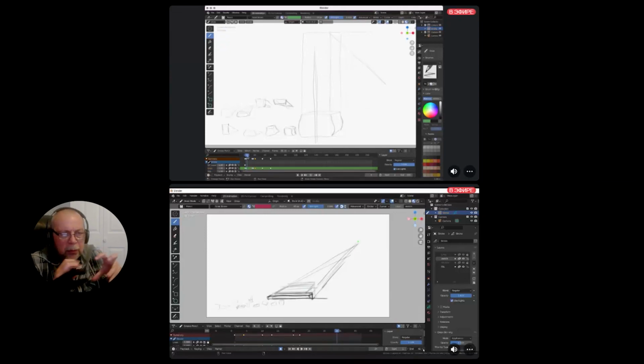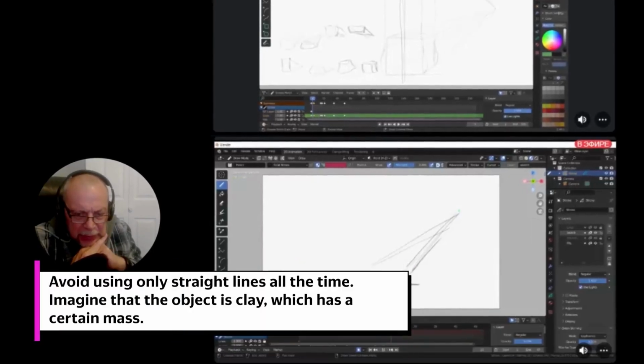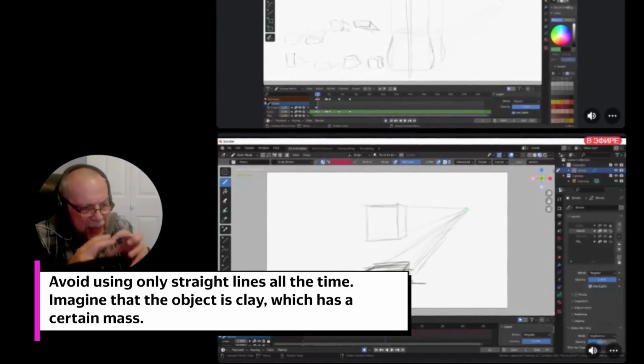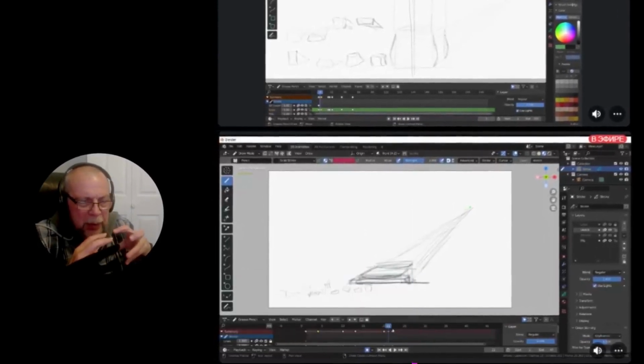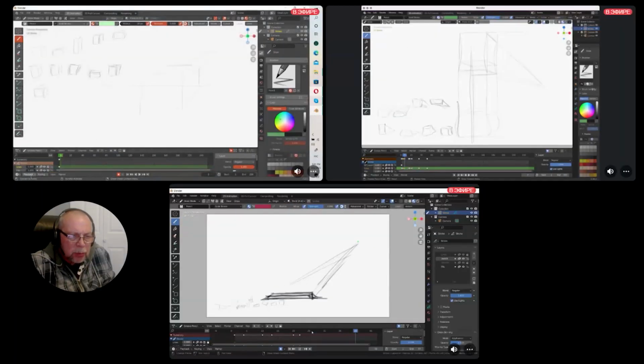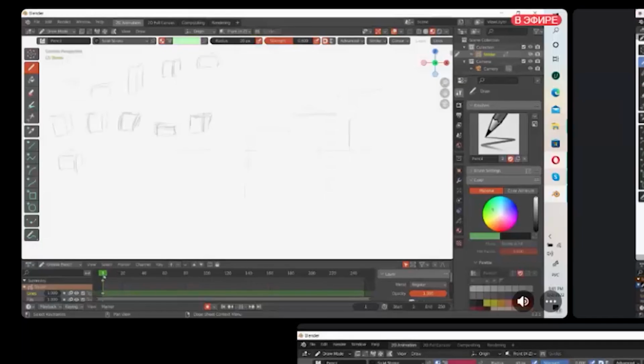You can lose straight lines, not completely, that's an important thing. It could be a really big squash, or just very subtle. But avoid straight lines all the time, because it has a mass inside. You have to feel mass. If I understand your question right, draw the first key clearly, sharp, and pronounced well. First key first. Okay.